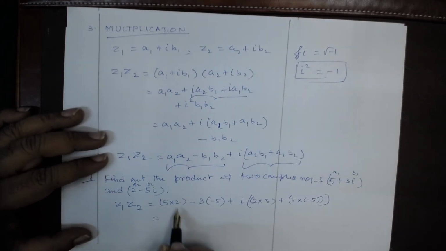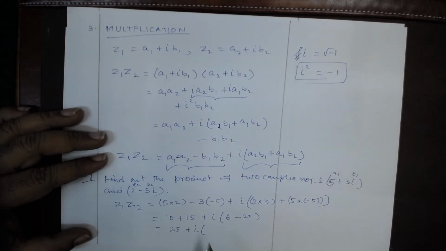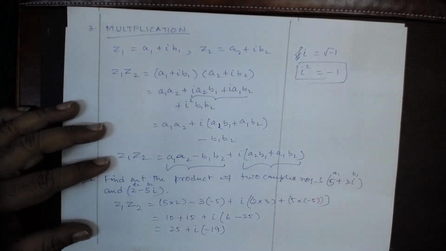So 5 2s are 10, minus 5 3s are 15. So minus of minus is plus. Then i into 2 3s are 6, and 5 into plus into minus, minus 5 5s are 25. So that is 25 plus i into how much? 19 minus 19.